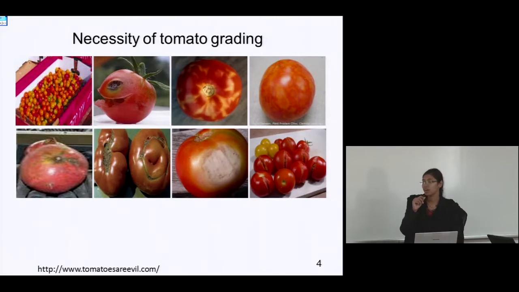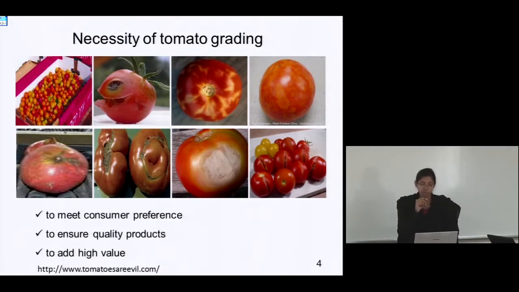So customers do not feel any interest to buy it, and the price of tomato decreases automatically. So to meet consumer preference and to ensure quality product at a high value, we need to grade tomato.